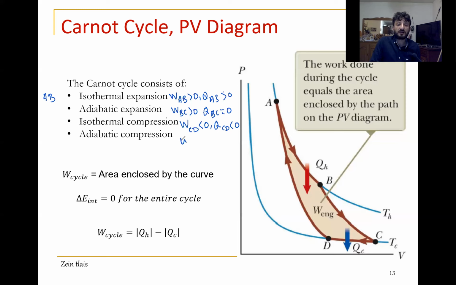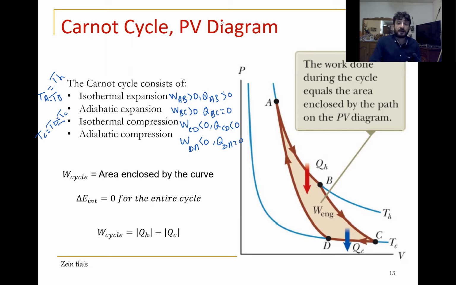And finally, omega DA is negative because we decrease the volume, and Q DA equals 0. First of all, TA equals TB equals T hat, and in this one, TC equals TD equals T cold.